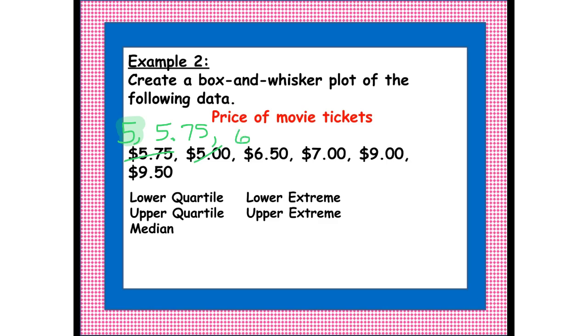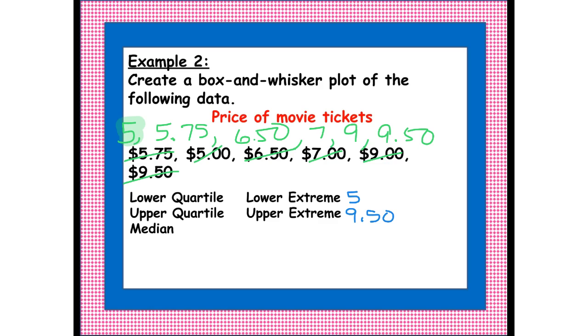And then $6.50. And then $7, $9, and $9.50. Now you'll notice I'm leaving off zeros when I can and dollar signs just for the sake of space. Okay?